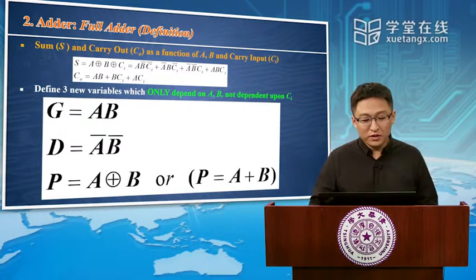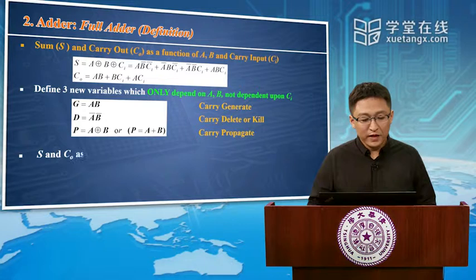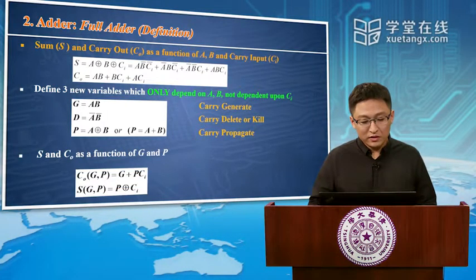So according to these three new variables, we can express the S and C output as a function of these new variables. For example, the CO equals G plus PCi, right? And S equals P exclusive OR Ci, because we know that P equals A exclusive OR B. So if we insert this into this expression, we can find out we have the same expression as this one, right?